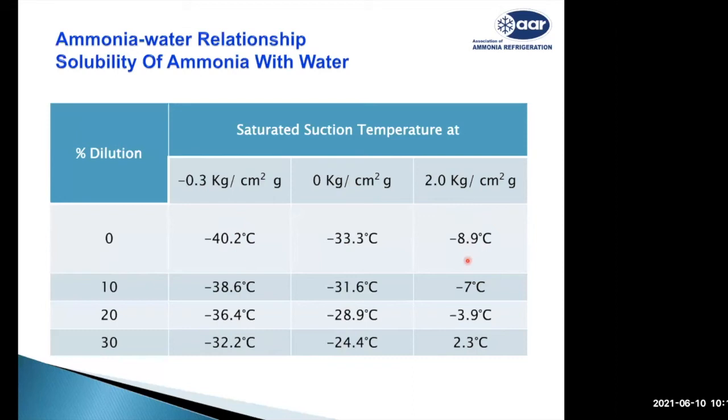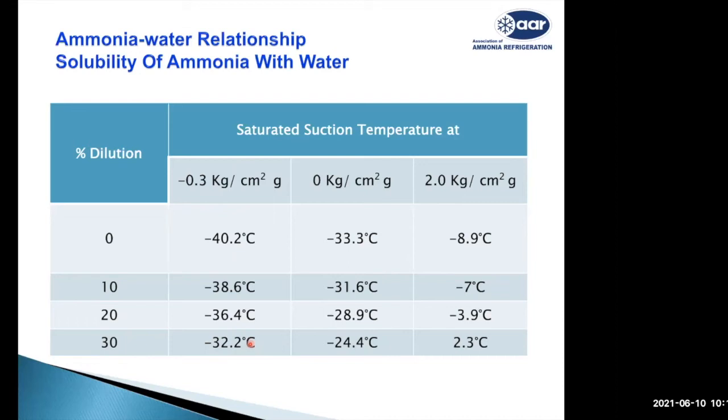So what does this tell me? It tells me that if there is water in my ammonia, then I will not get the desired temperature at my rated suction pressure. If I'm running a freezing plant which is supposed to run at minus 0.3 kg to get minus 40 degrees centigrade, and I have 30% water, then I will be running only at minus 32 degree evaporating temperature.